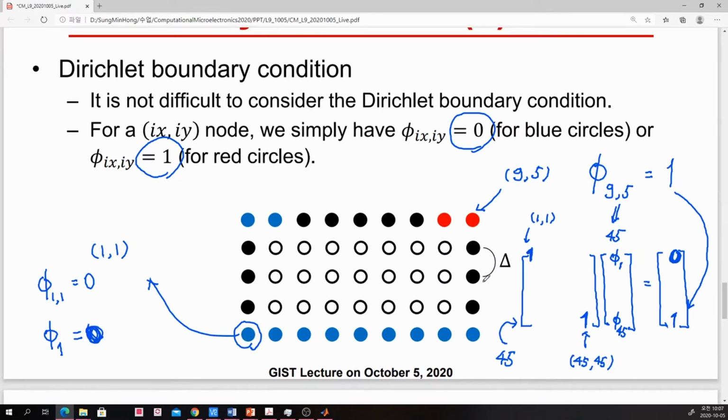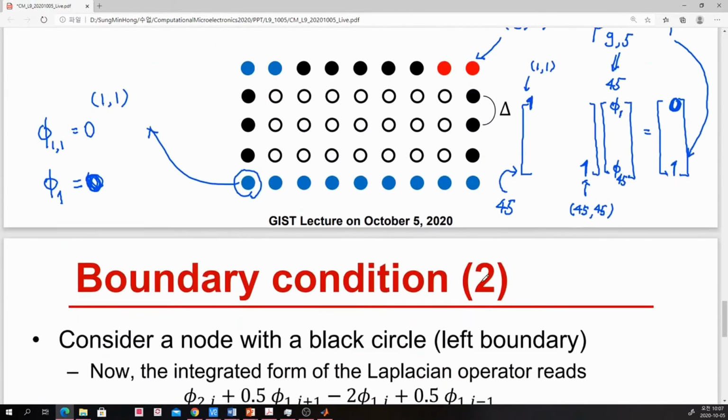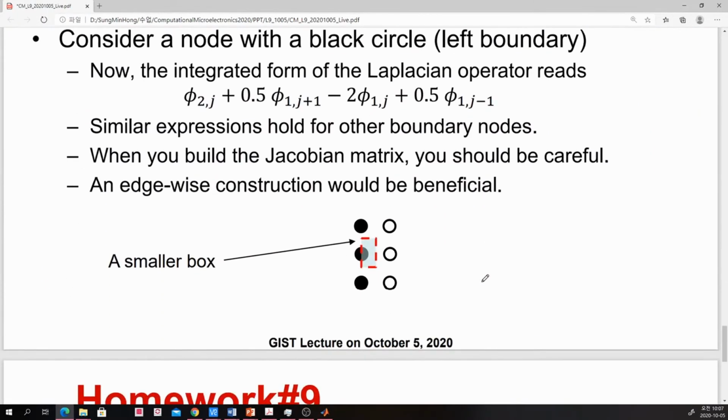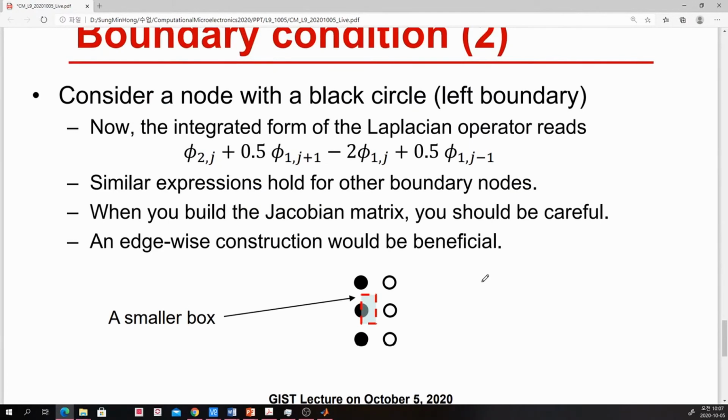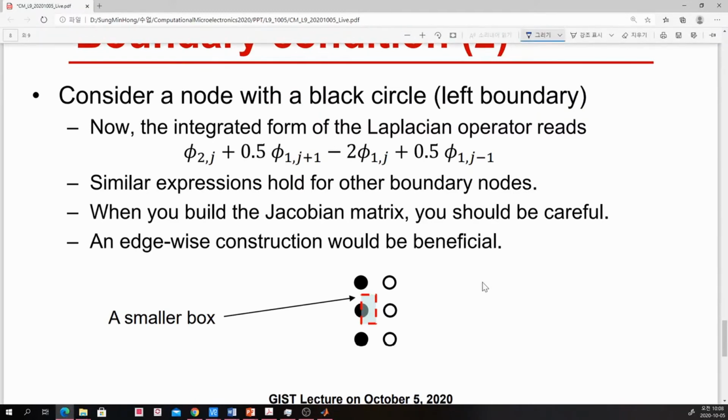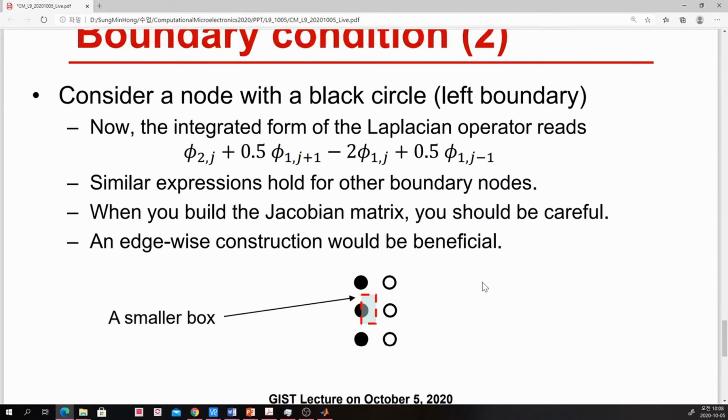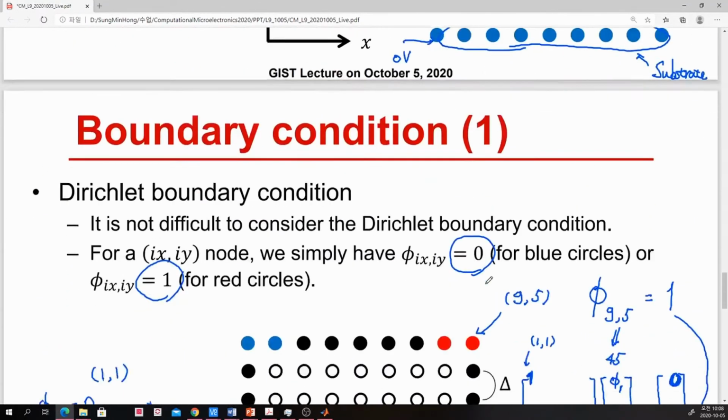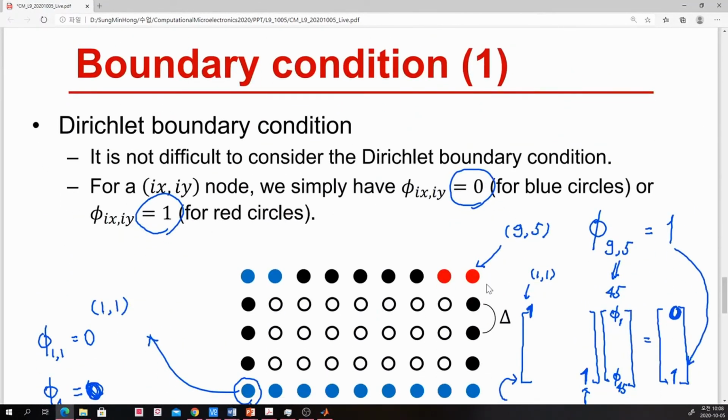Okay, so then let's go to the Neumann boundary condition. I think this is the most tricky part in this two-dimensional expansion. So when you consider the homogeneous Neumann boundary condition, we have to think about this one. This is just the expanded view of our left boundary. I just magnify this part.